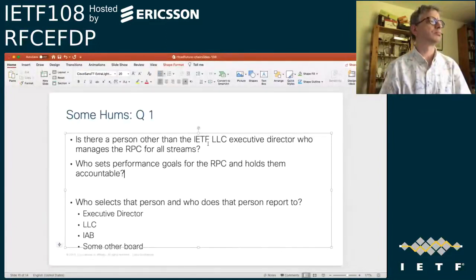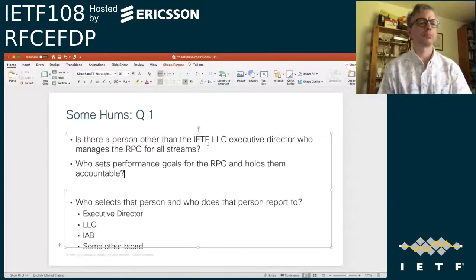And the thing which is really project management for me is that latter part, the RSC doing studies and reports to see that the RPC is meeting the performance goals. That, in my mind, could easily be done directly between the LLC executive director and the RPC manager at AMS without taking the RSC in the loop. That would lower the workload for the RSC, and that would make the contractual negotiation and contract enforcement much clearer.